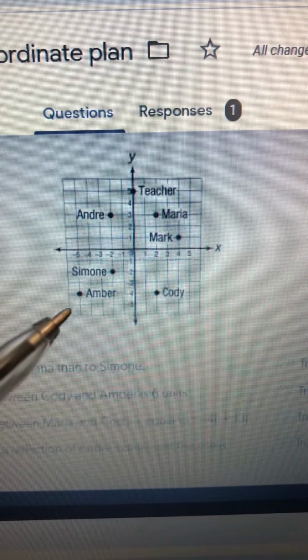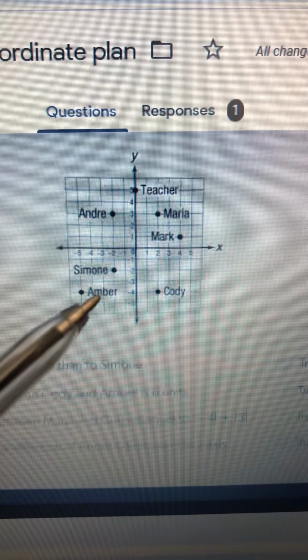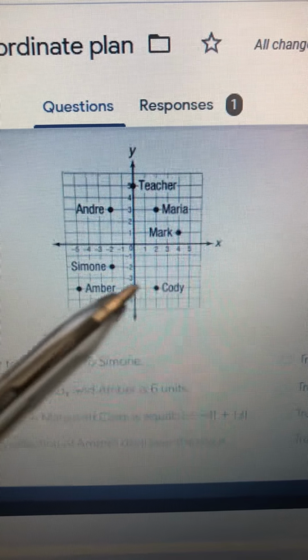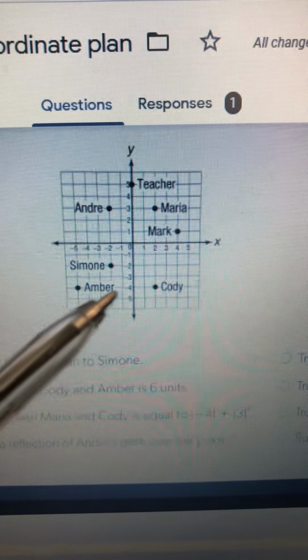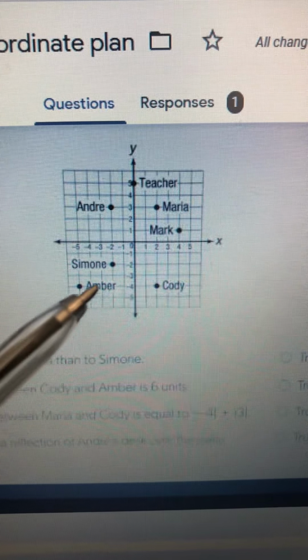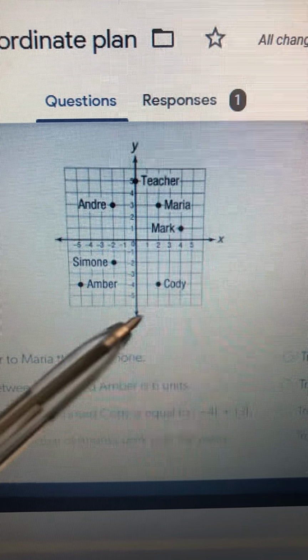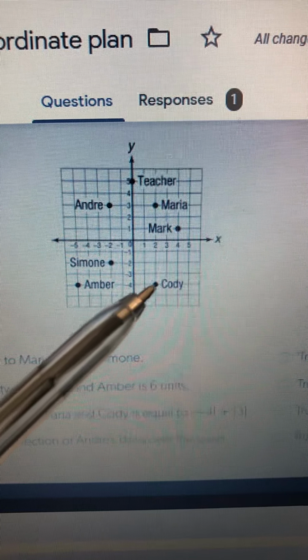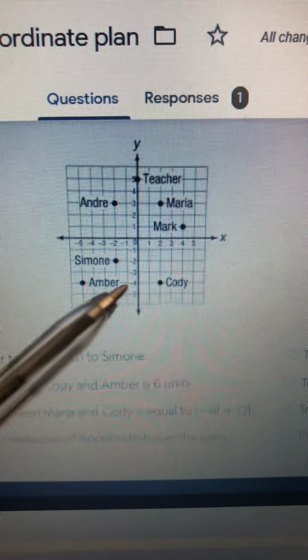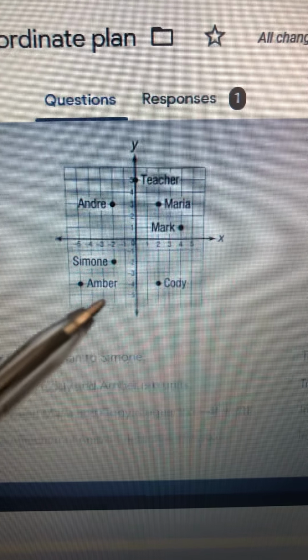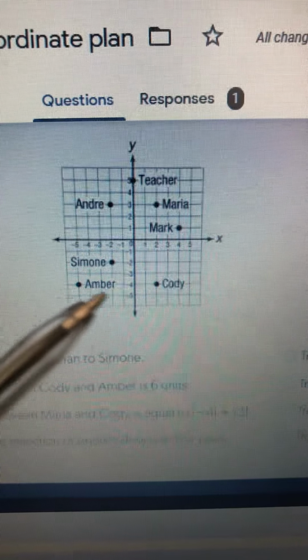But it's only a mirror. You see how we have Amber and Cody? That's a reflection, but it doesn't match. So even though they're on the opposite side of the y-axis, right, and they're on the same number line, it's not a reflection because it would have to be the exact same distance between the two. Does that make sense? I hope that does.